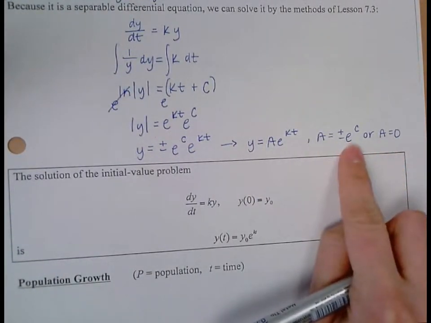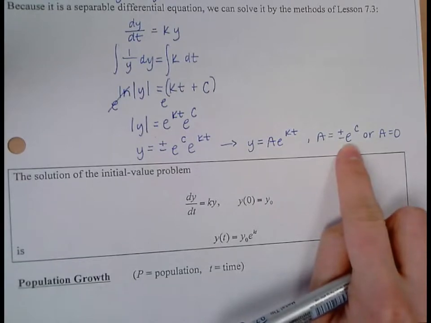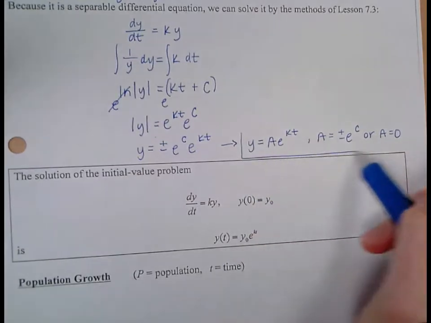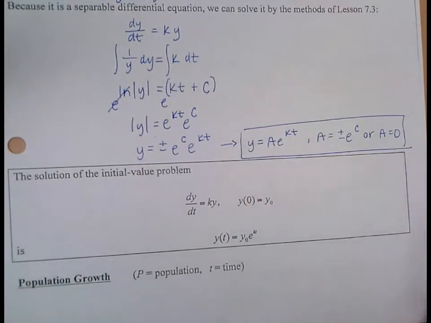So A could also be 0 in this case. E to the c would never be 0, so 0 would be a separate case aside from that. So this would be the solution, how we've written it before.